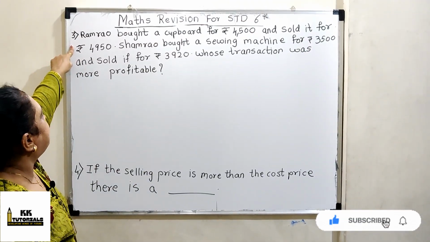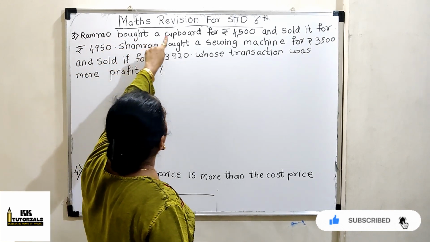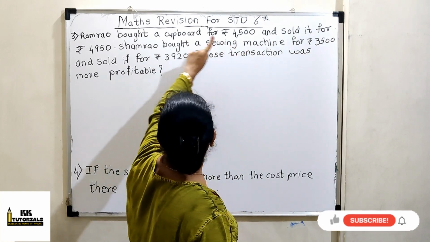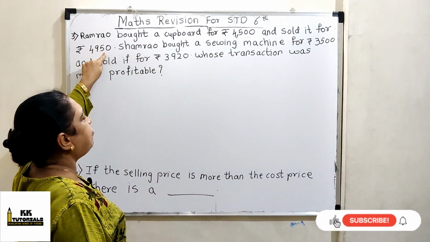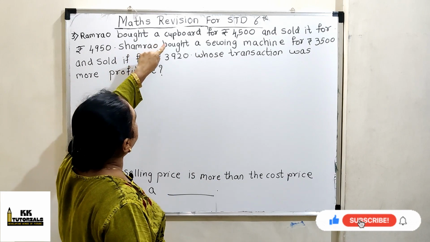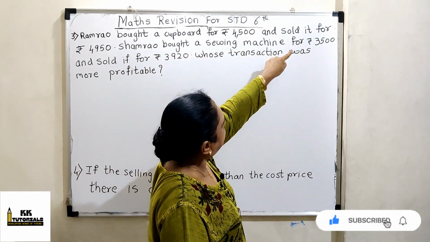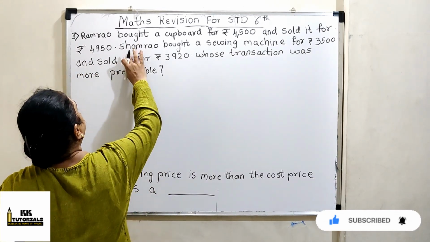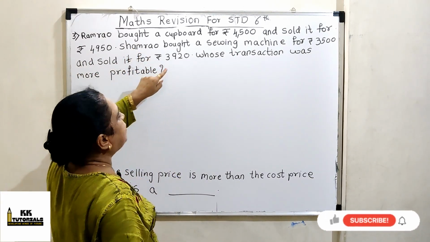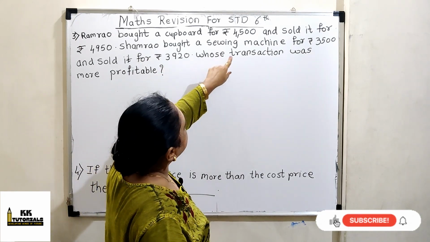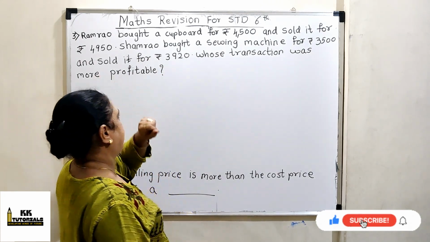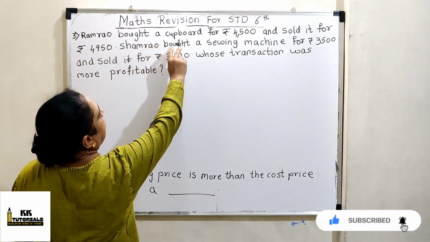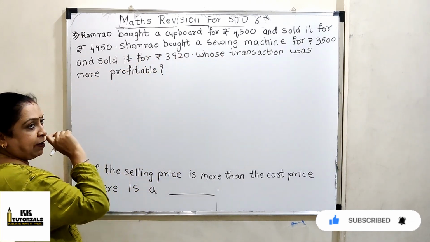Okay, so sum number 3. Ramrao bought a cupboard for rupees 4,500 and sold it for rupees 4,950. Shamrao bought a sewing machine for rupees 3,500 and sold it for rupees 3,920. Whose transaction was more profitable? See now. Here Ramrao bought a cupboard for rupees 4,500.